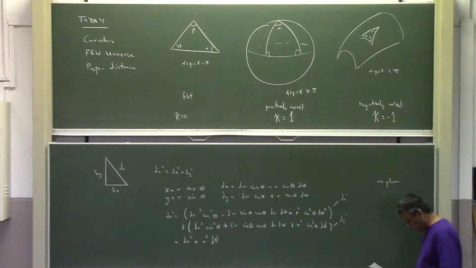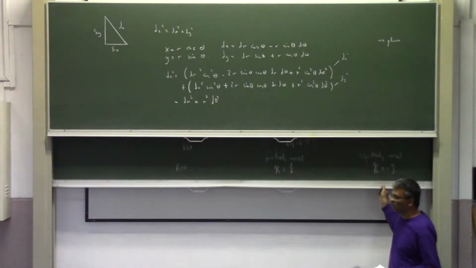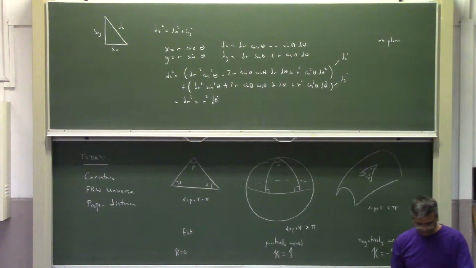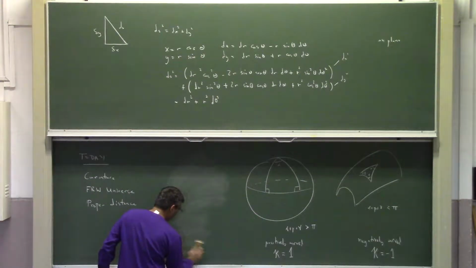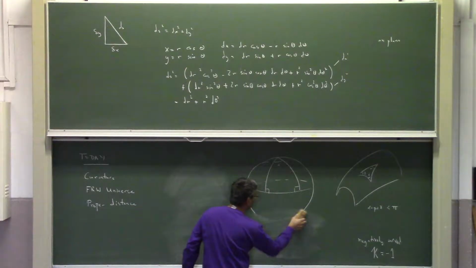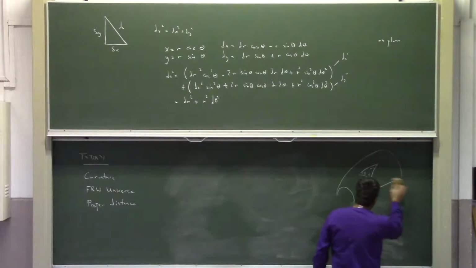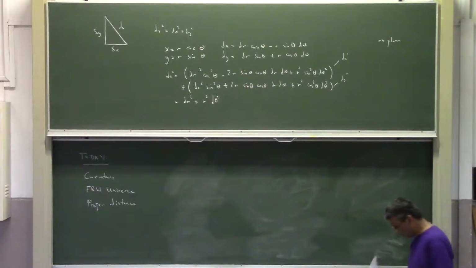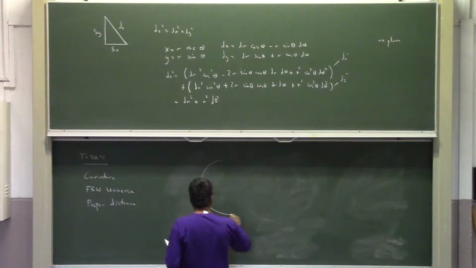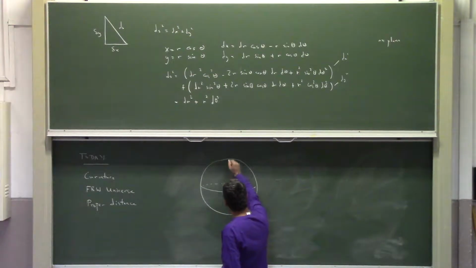Okay, and we have a triangle there. So we've got the North Pole up here, the South Pole down here.